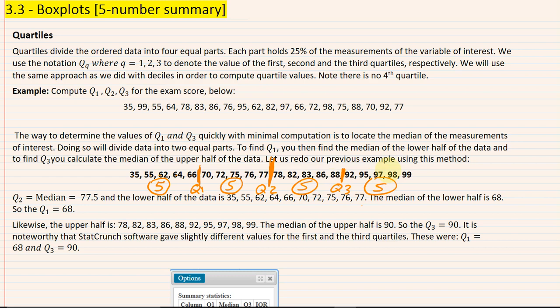Each part holds an equal number of observations. So if I had, let's say, 1,000 data points, 1,000 divided by 4 would be 250. Each segment would hold 250 scores. That's the purpose of these quartiles.